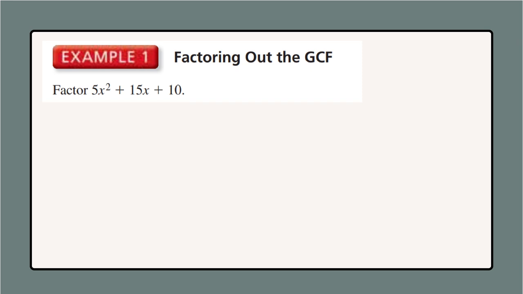Factoring out the GCF. Remember, the first thing you want to do is make sure whether you have a GCF. So let me rewrite the equation: 5x squared plus 15x plus 10.